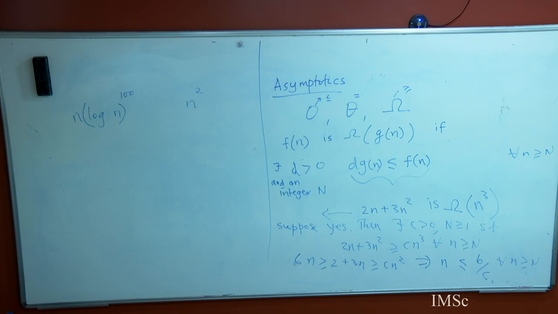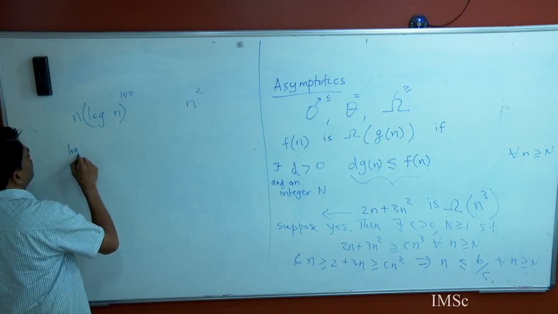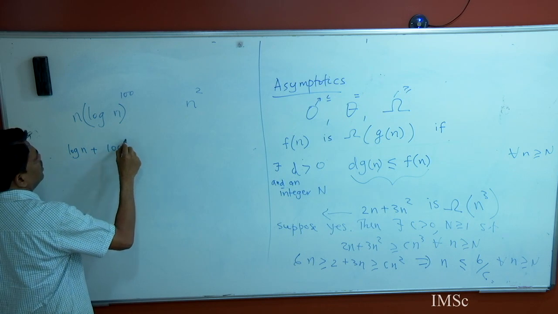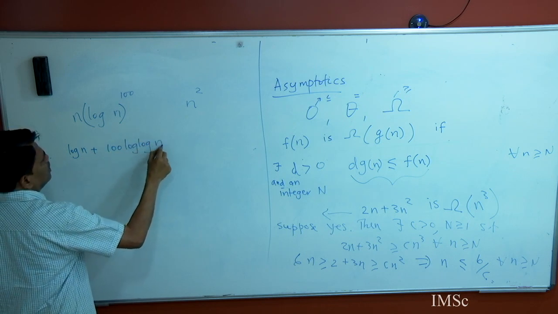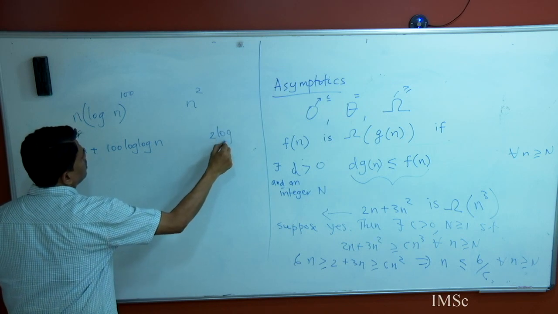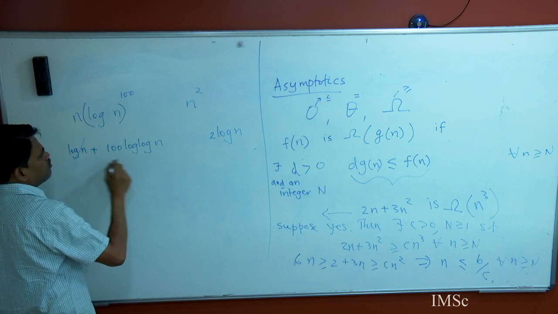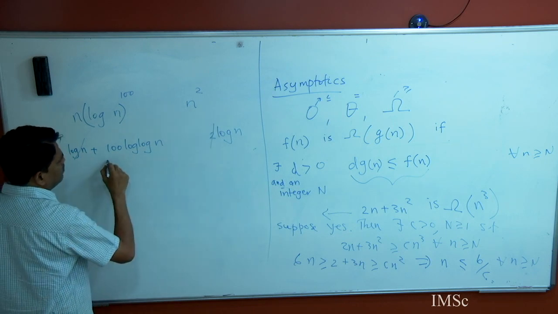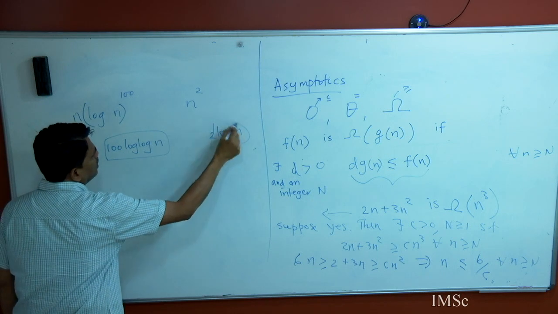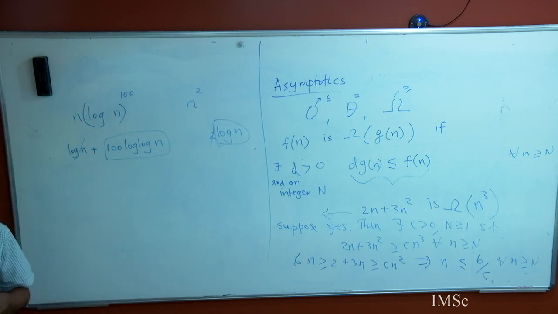Right. So one suggestion is take log of both sides. So you will have log n plus 100 log n, whereas here you will get 2 log n. So if I knock off 1 log n, what I really care about is what can you say about 100 log n and log n, which is a fast growing function?